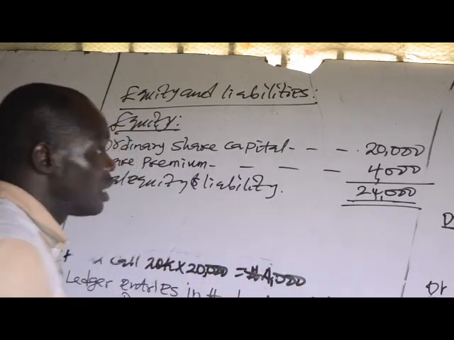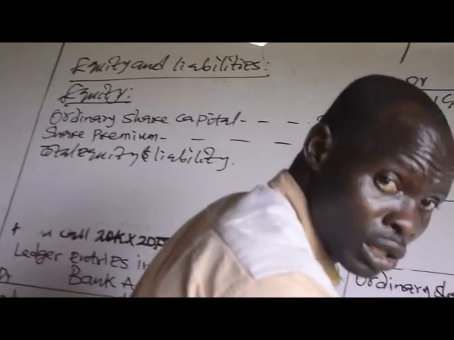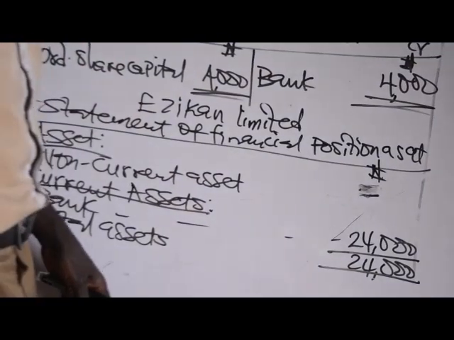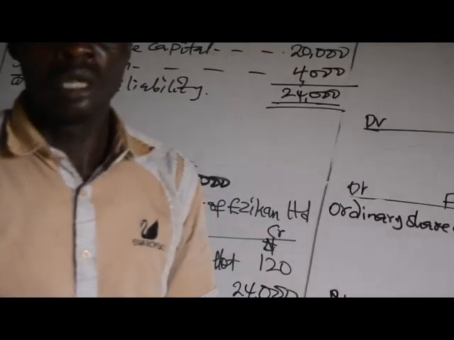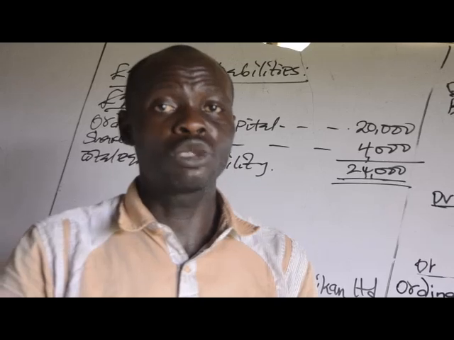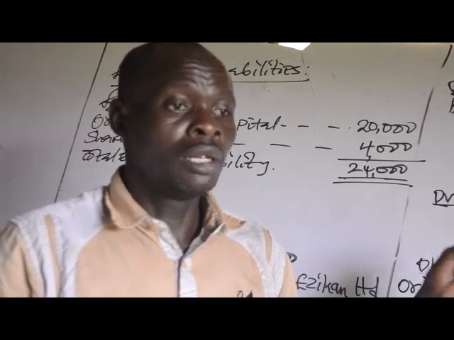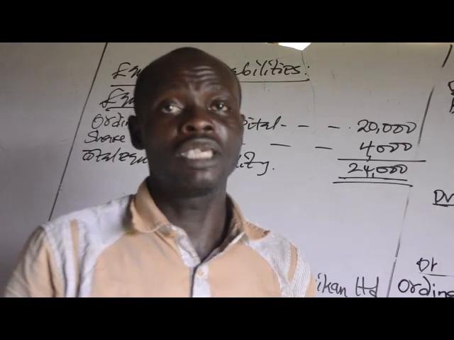The 24,000 you have in total equity and liabilities also agrees with the total assets of 24,000. That is all about the question. This is part 1. In part 2, I will examine forfeiture of shares and reissue of forfeited shares.